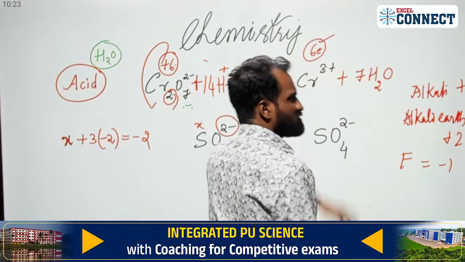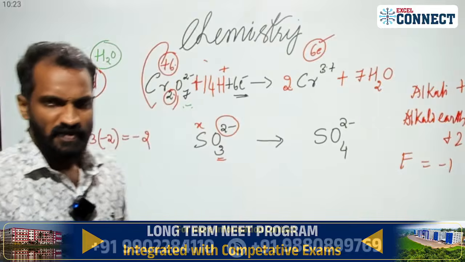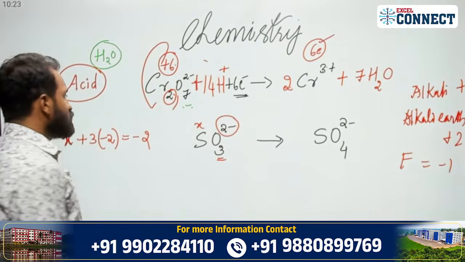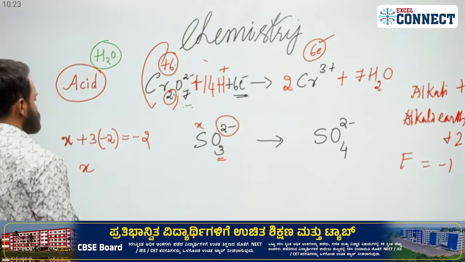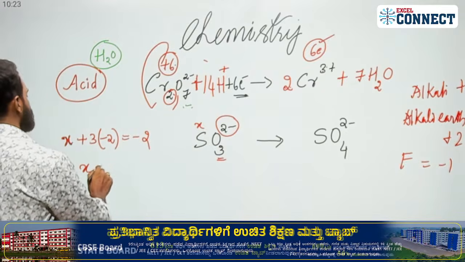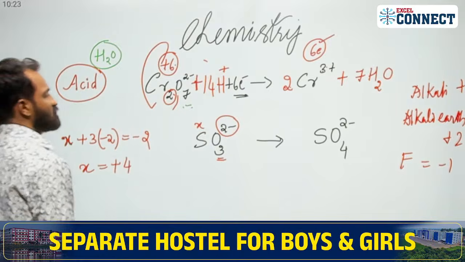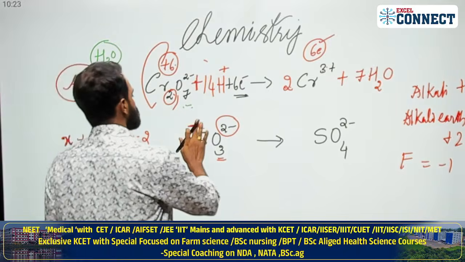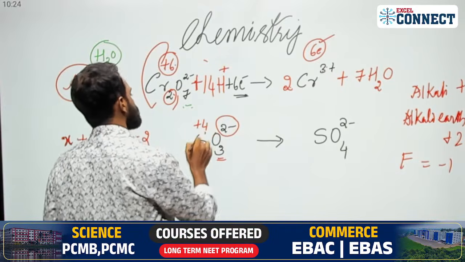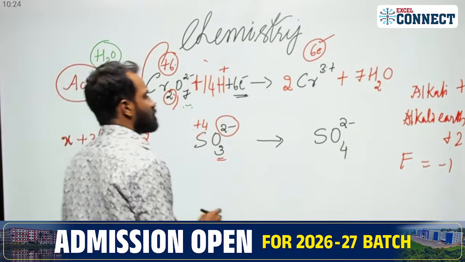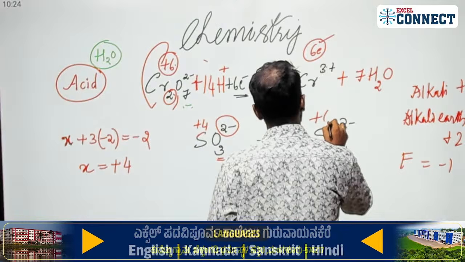Need not worry about these right now. Now, by calculating, 3 2s are 6, so X becomes +4. Understood? So here X is +4. Here, 4 2s are 8, 8 minus 2 gives +6.